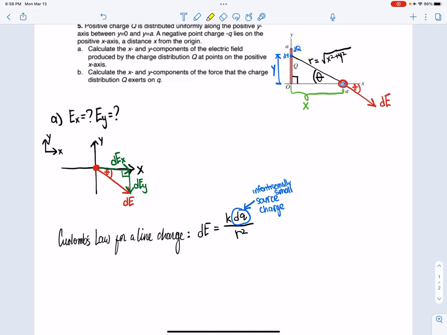And this r right here in the denominator, or the r squared, but you just want to focus on the r right now. That is the distance between center of charges. So in our case, looking at the picture provided in the problem, this is the distance between the two charges. So that would be the square root of x squared plus y squared. Okay.